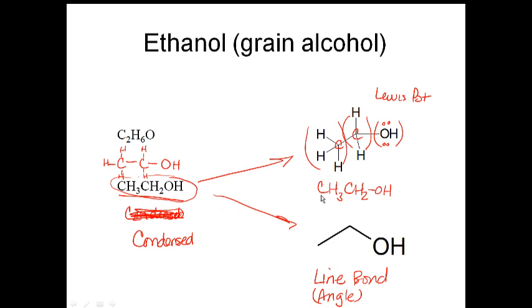And then if you really want to be lazy, then you basically draw the line bond structure. So in the line bond structure, every end of a line indicates a carbon atom, and every intersection between two lines indicates a carbon. And we don't show hydrogens. So what you have to do is say, okay, this is the end of a line, there's a carbon here, this is the intersection of a line, there's a carbon there, and now I have to give it enough hydrogens to make 4 and only 4 bonds, unless a carbon has a charge on it.